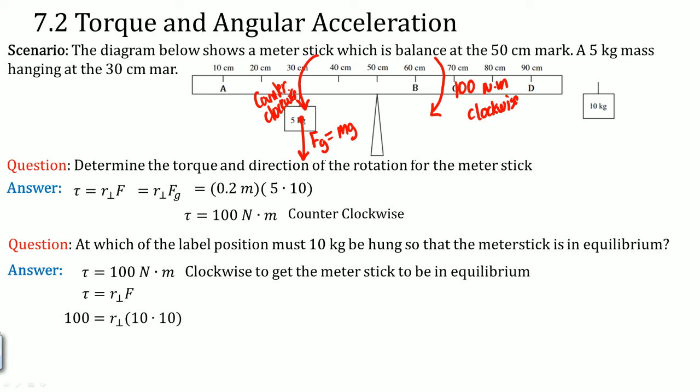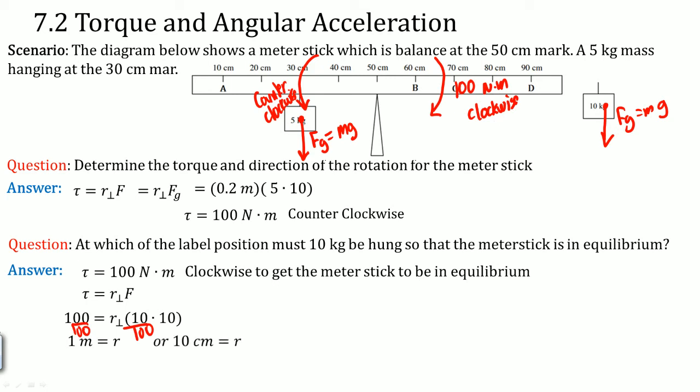We know that the force of gravity on the 10 kilogram object here is going to be its mass, which is 10, times gravity, which is going to be 10 here. That leaves you with 100 here. If you divide 100 to both sides, you get 1 meter is equal to the radius. But notice this problem is in centimeters, so you have to convert it into centimeters.